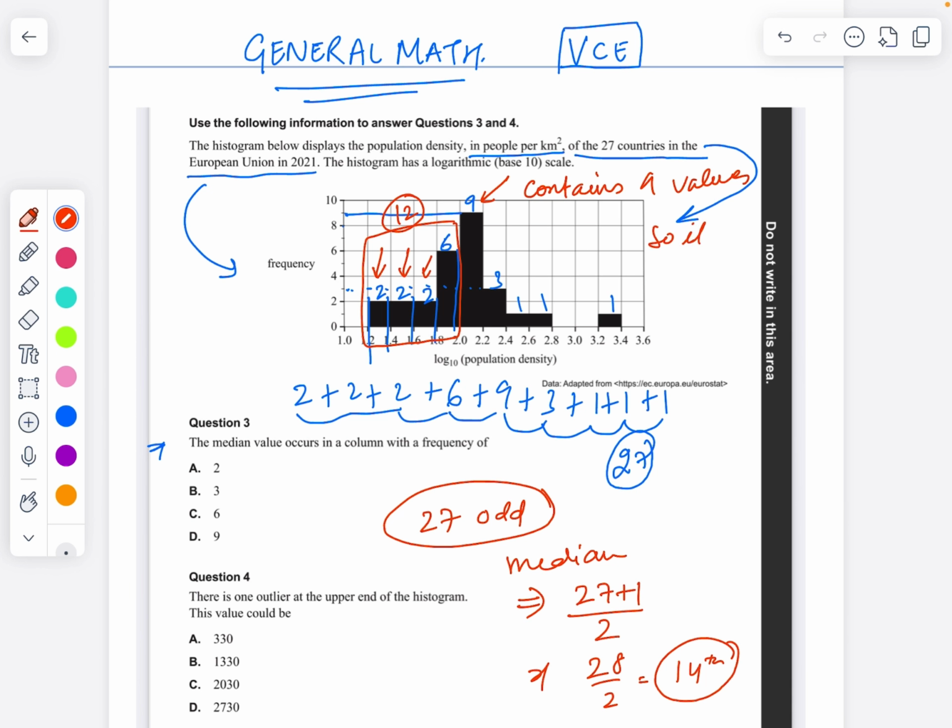The 14th value certainly lies there, because 12 values are already consumed. Only in the fifth column is there a possibility that the 14th value lies. Easy. So this is how you do it.